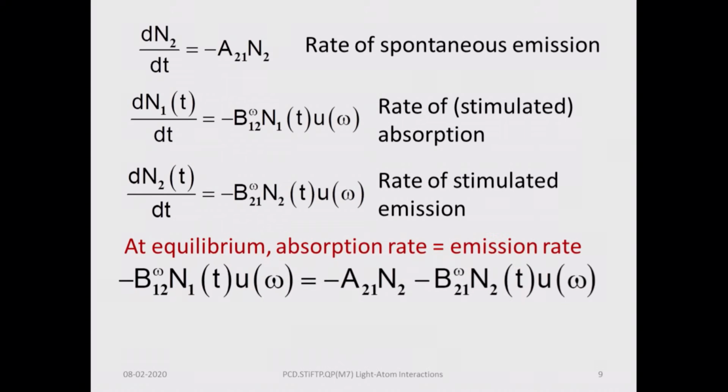And what Einstein proposed is that at equilibrium the absorption rate must be balanced by the emission rate, but the emission rate now has two components, one is stimulated emission and the other is spontaneous emission, all right.